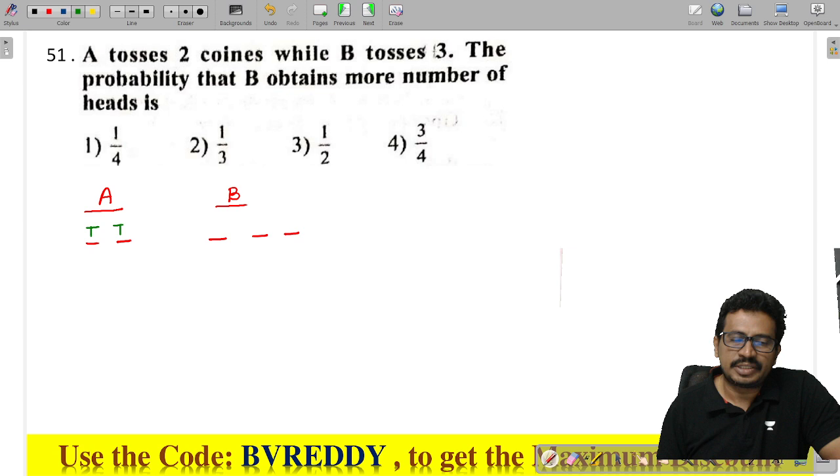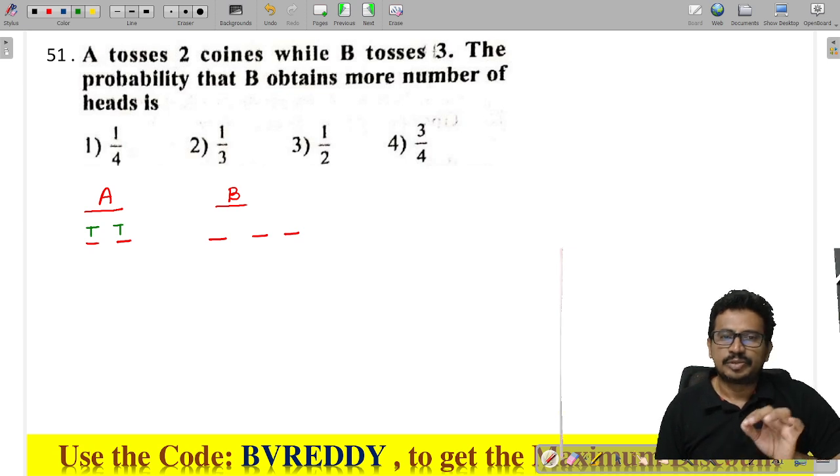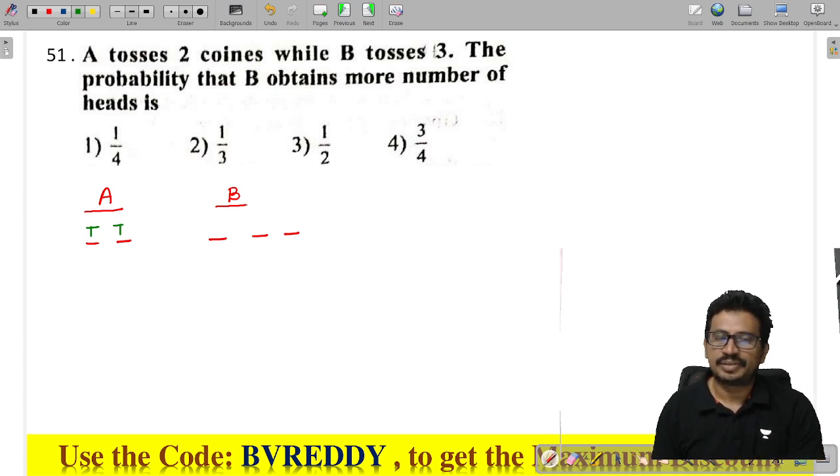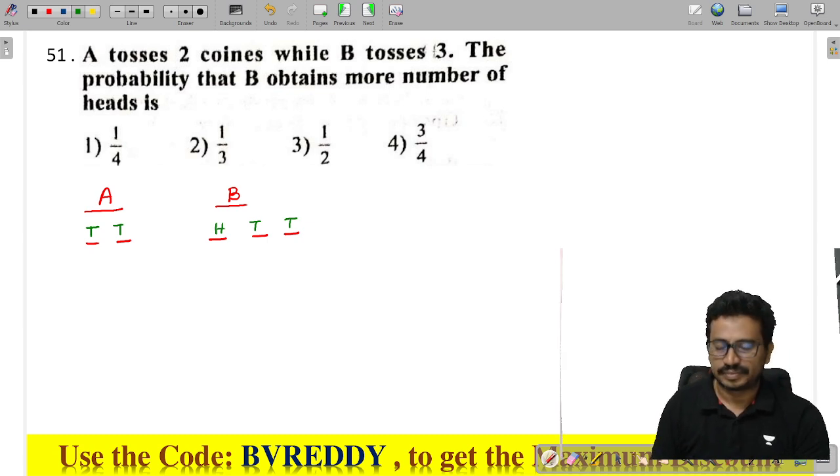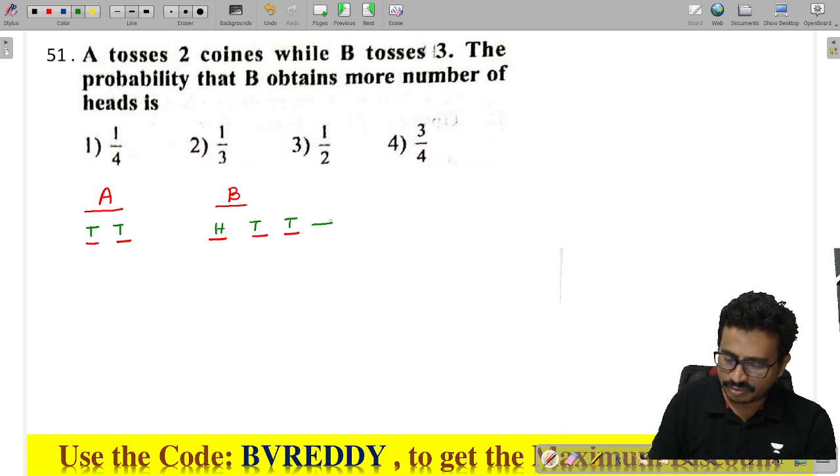That means heads for A is 0. So B must get 1 head, 2 heads, or 3 heads. All these combinations will happen. If B gets at least just 1 head, then the given statement is satisfied, isn't it? So how many combinations will happen with this?